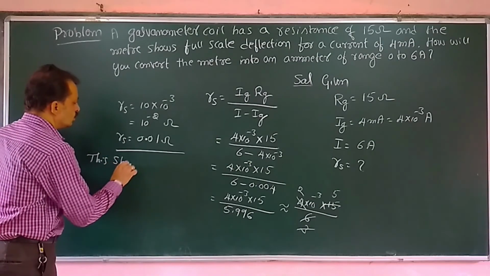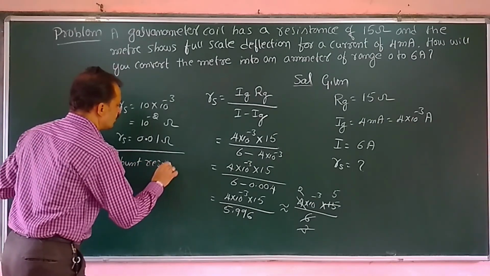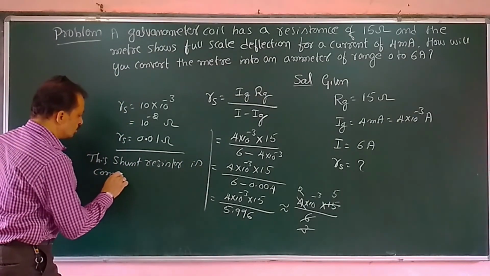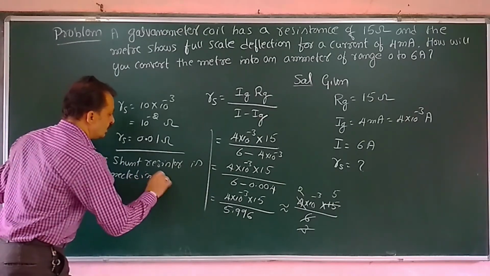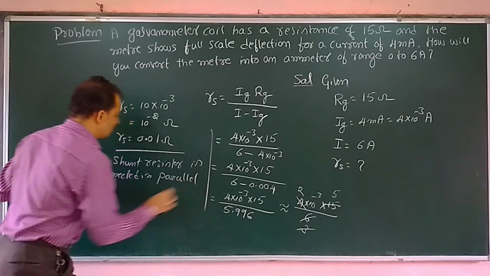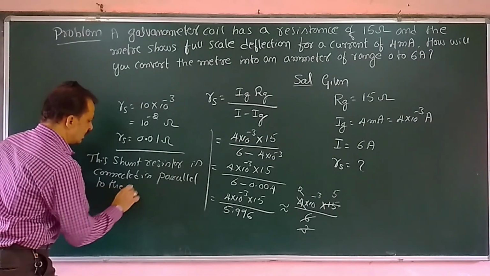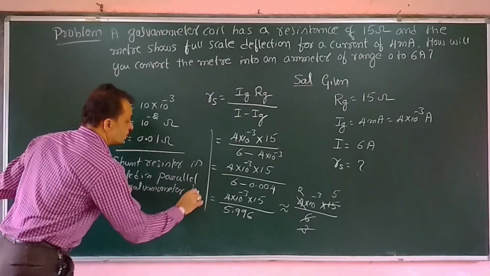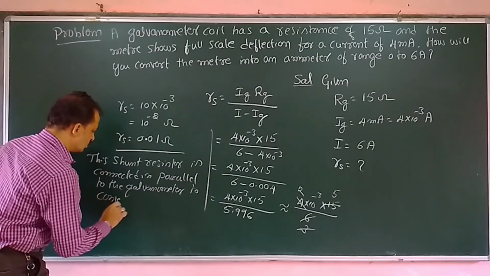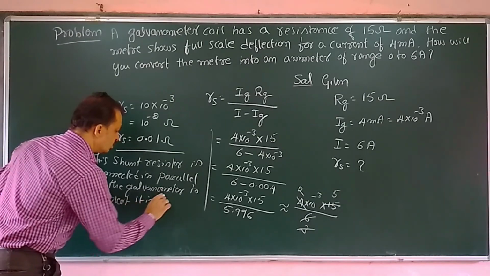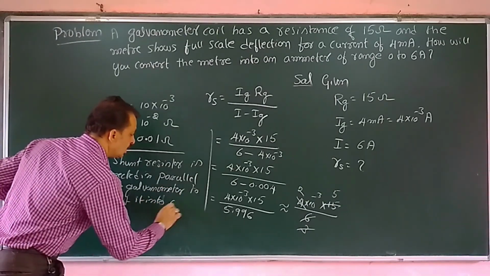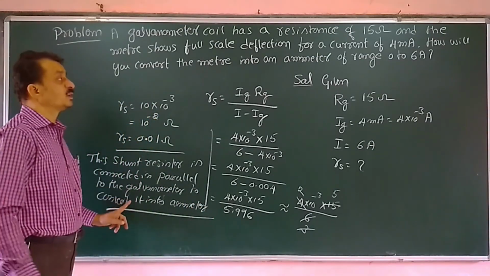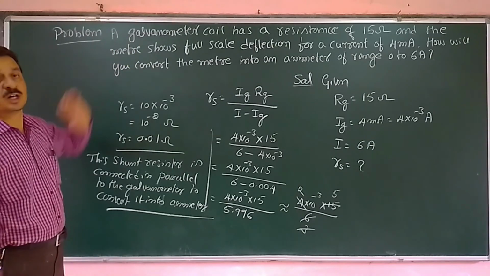This shunt resistor is connected in parallel to the galvanometer to convert it into what? Ammeter. This sentence has to be written, okay? Because they asked how will you convert, okay?